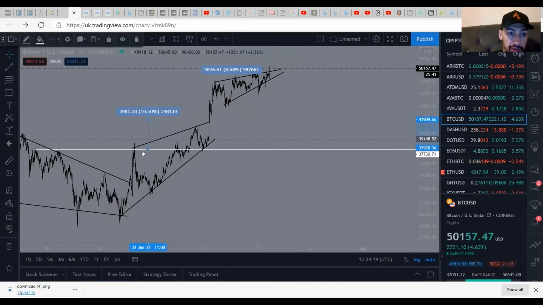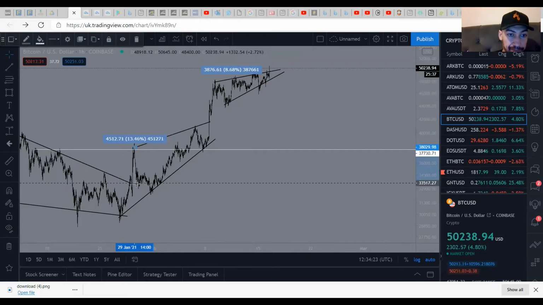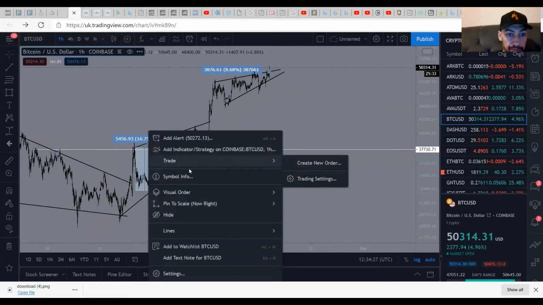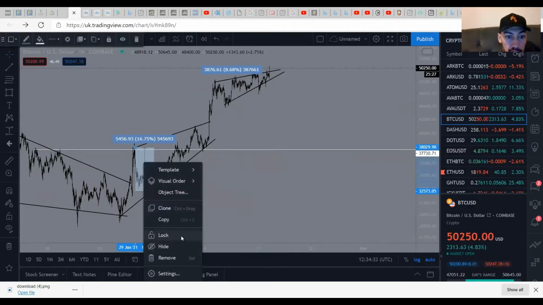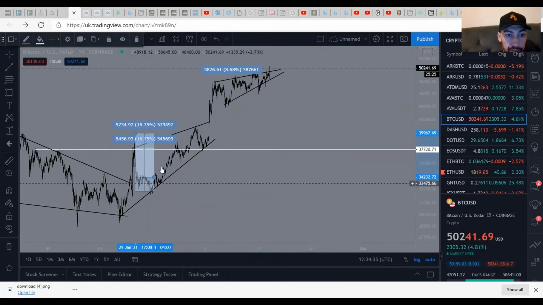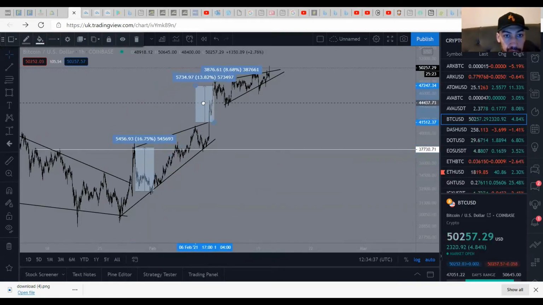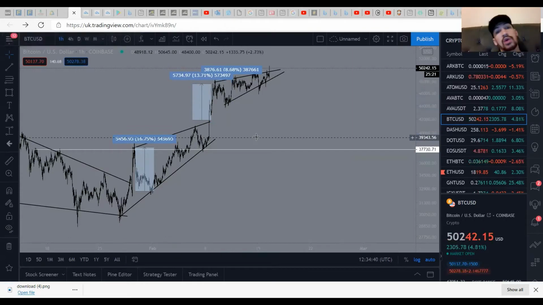Let's do an example here as well, guys. This breakout here. We'll do from the first high to the low, clone. And this, clone. Exactly the same, guys. So this is quite a good strategy for Bitcoin going forward.